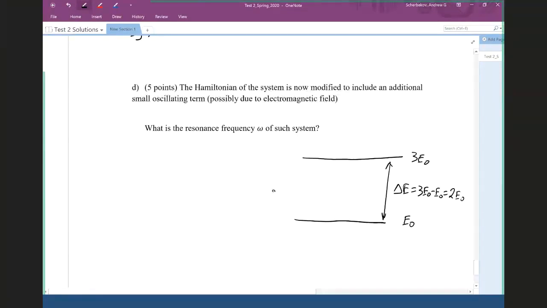So the energy of the photon here has to be equal to 2E0, and that energy is h bar omega, where omega is the frequency of that oscillating term. So h bar omega equals 2E0, and the frequency omega is just 2E0 over h bar, end of story.